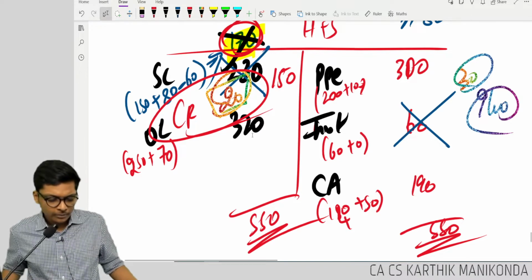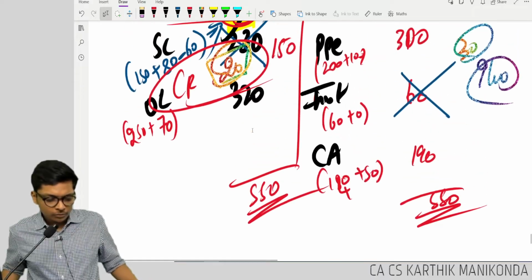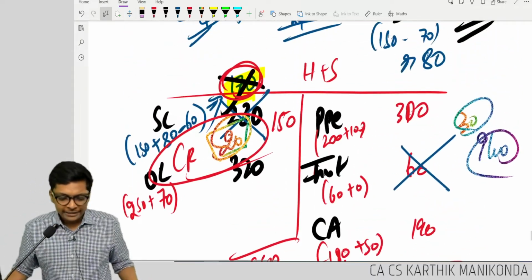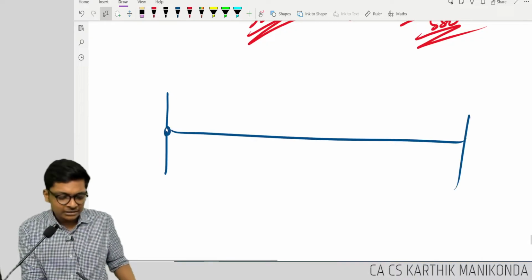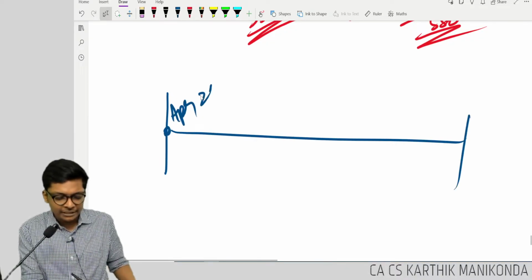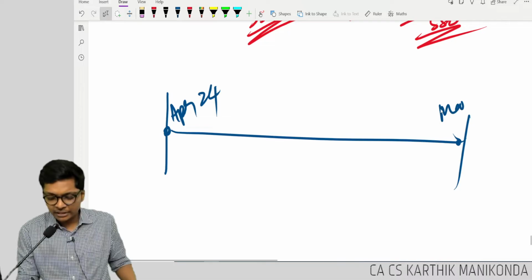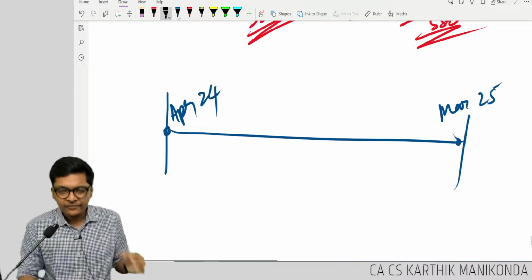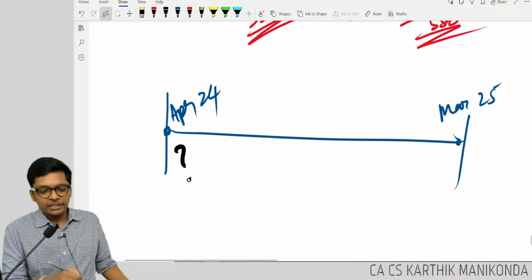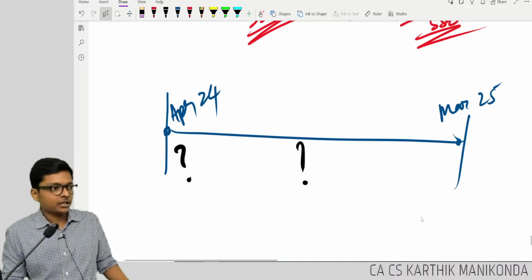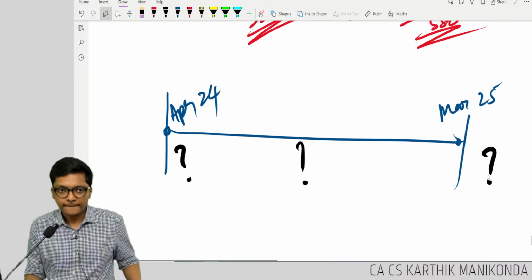Okay. Now, hold on 1 second. This is the consolidated balance sheet. Now you might have a doubt, sir, this is the start of the year, April, let's say 24. This is the end of the year, March 25. When should I do the consolidation? Start of the year, middle of the year or end of the year?